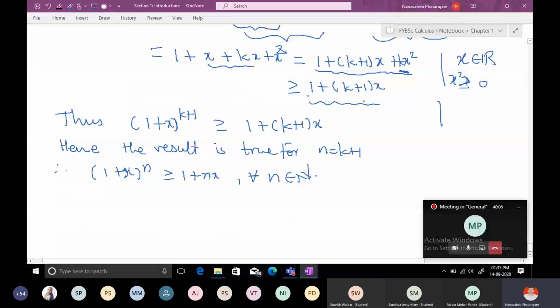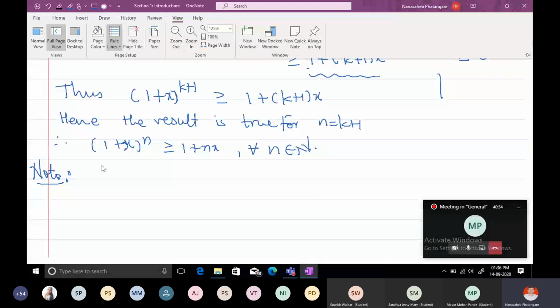Okay, so before going to the next problem, let me note something. In mathematical statements, most of the time we use some notations, right?